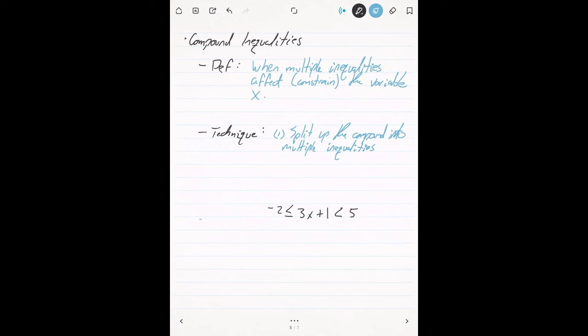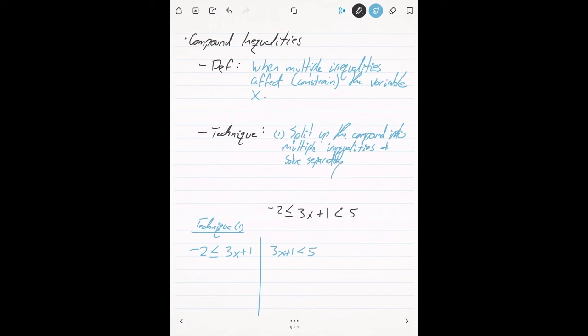I'm going to say this is technique 1. We just said before that -2 is less than or equal to 3x plus 1. And we also have 3x plus 1 is less than 5. What we just did here is we split the compound inequality into two separate inequalities. And what we're going to do is solve them separately.